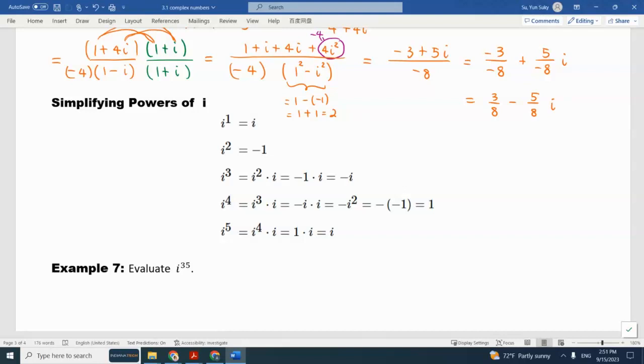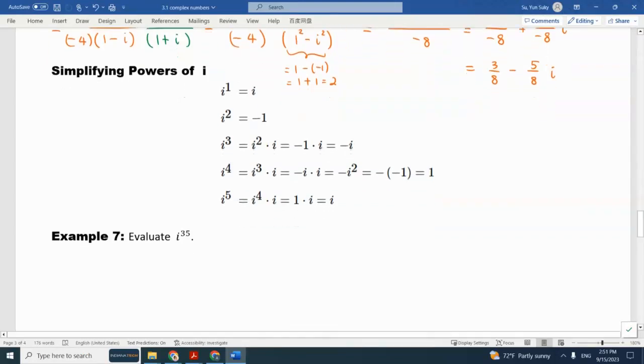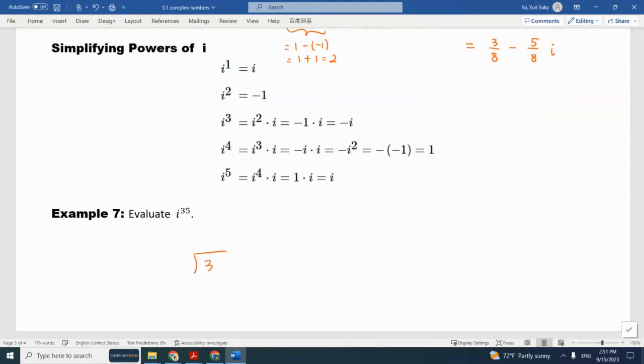How do you divide? Everybody take notes. So write it down. 35 divided by 4.